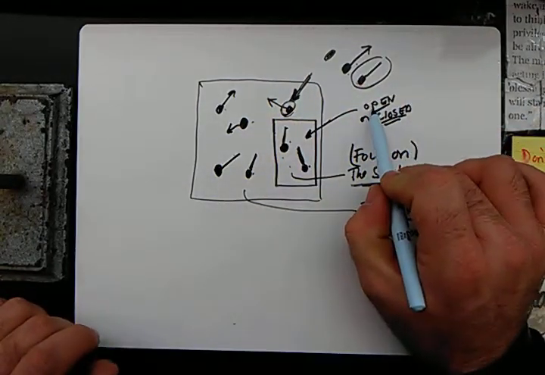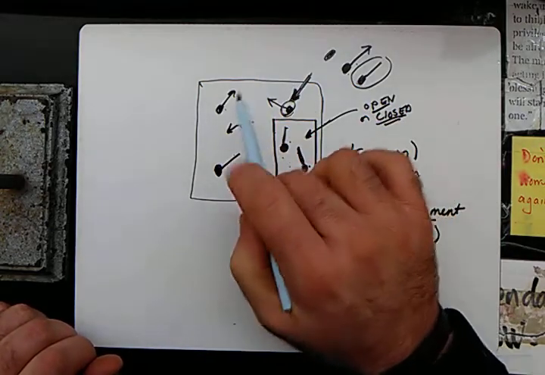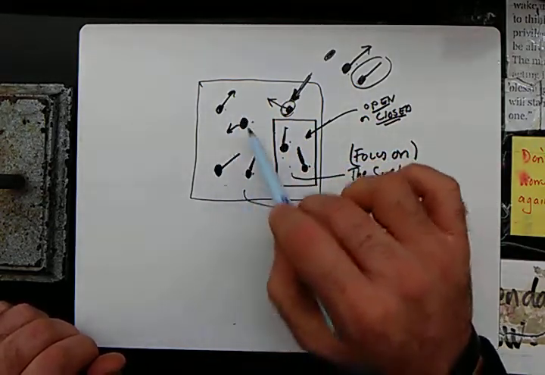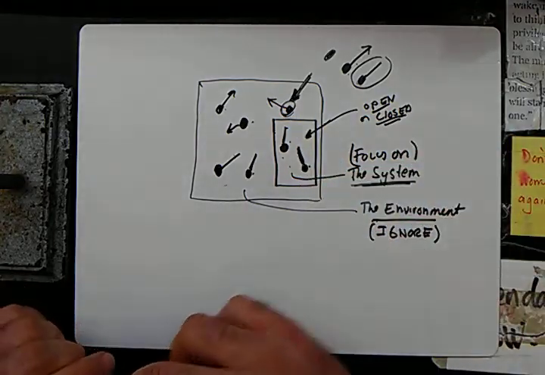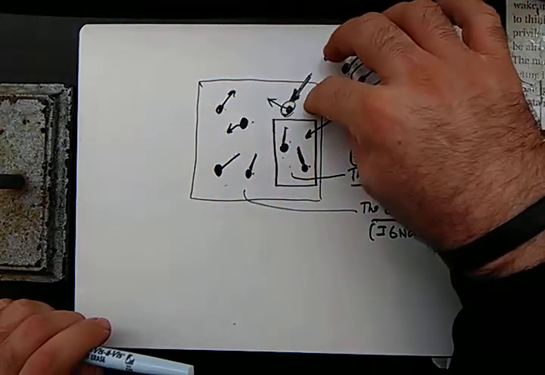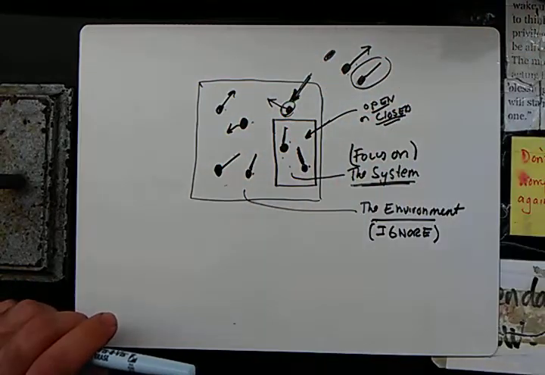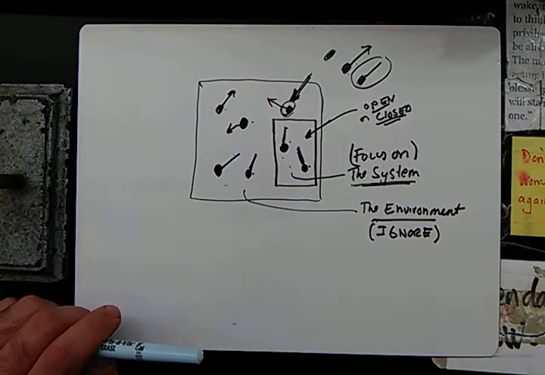When you're looking at an open system, then you're going to include all these other objects in there. So when we get into electrostatics, we'll be looking at open systems more because there's a lot of other factors. But for the time being, we're just looking at a bunch of closed systems.